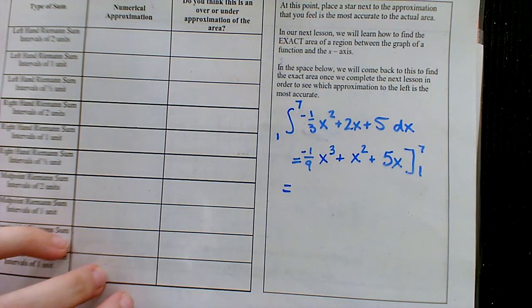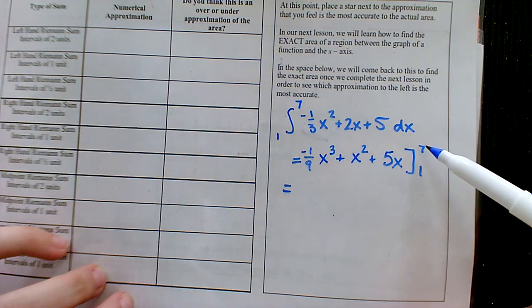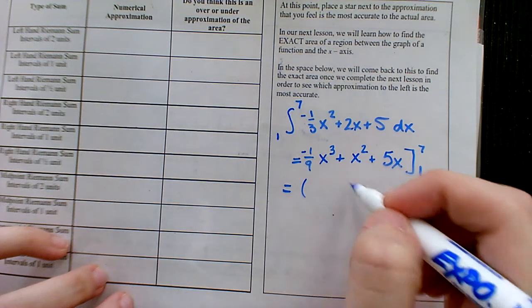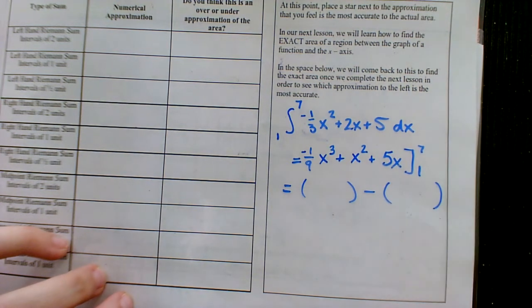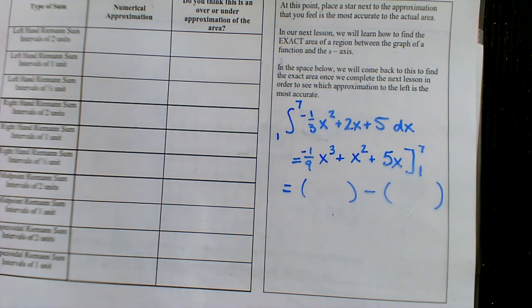All right, so this is when you might need your calculator. We're going to do top minus bottom. Plug in a 7 for all those x's, see what you get. And then you plug in 1 for all those x's, see what you get.